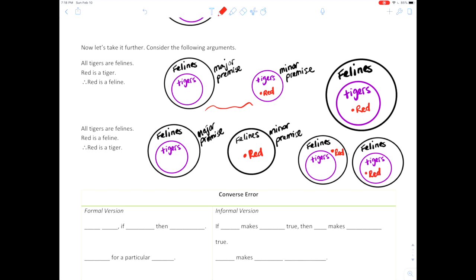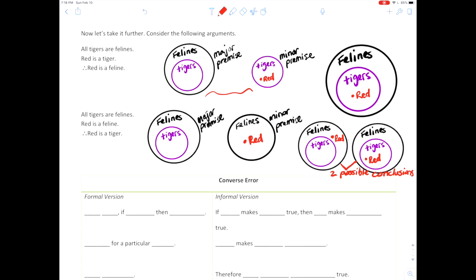So there are two possible conclusions. So this is not valid. And this happens to be a certain kind of error. Do you remember? This is an invalid argument, and it is assuming what you're trying to prove, which is a converse error.